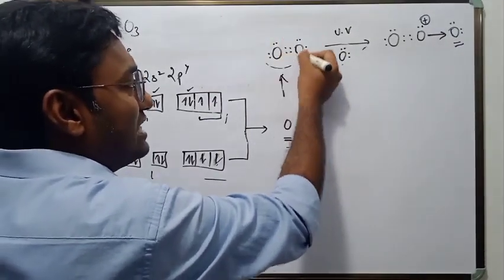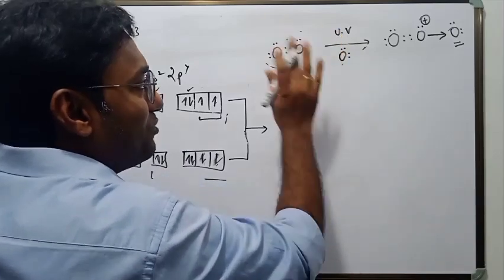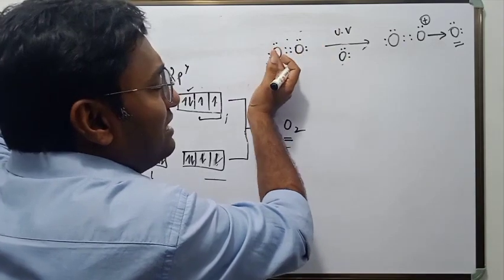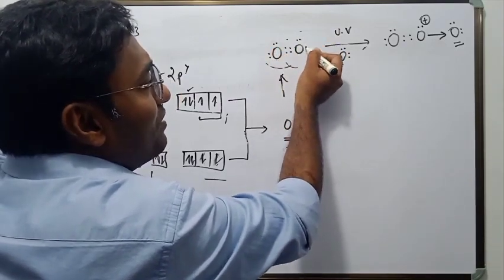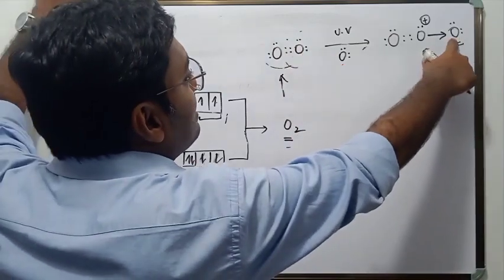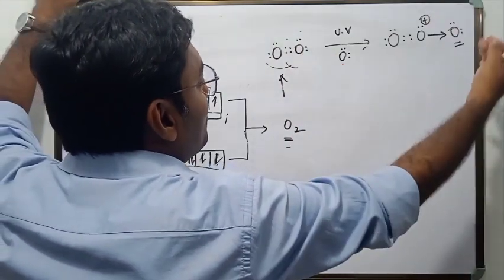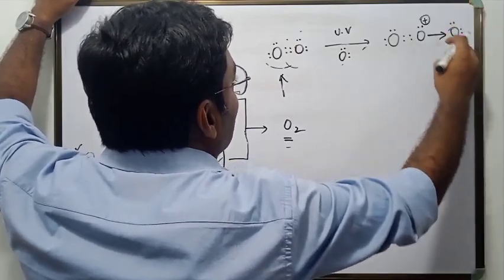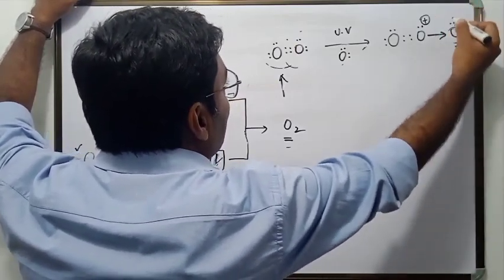Their octets are complete, and there is no disturbance in that, provided that there is a lone pair of electrons with each oxygen, and one of the oxygens donates that lone pair to the third oxygen atom. With the result, the third oxygen atom's requirements are fulfilled and it achieves octet configuration.